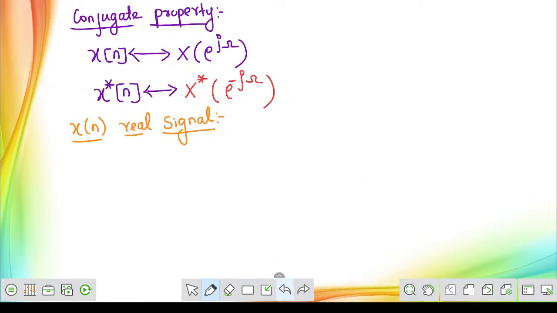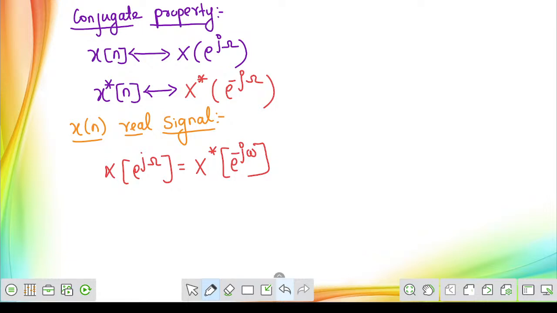Since it is a real signal, what is the point of changing the imaginary part? It will not be affected. So X of e power j omega and X conjugate of e power minus j omega both will remain the same.